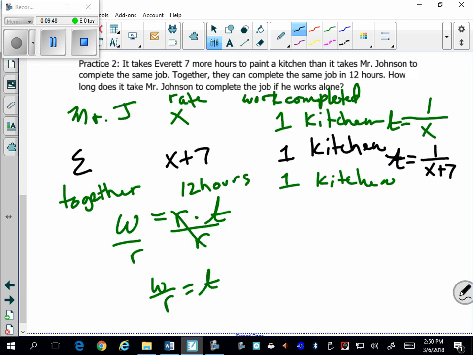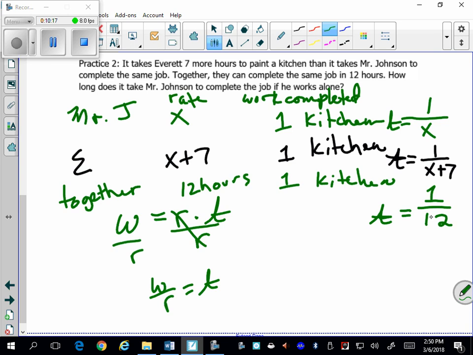So the kitchen total together is going to be 1 kitchen, and it'll take them 12 hours to do this. That's the rate. So in 12 hours we can complete one kitchen. So that's why we have the rate there.